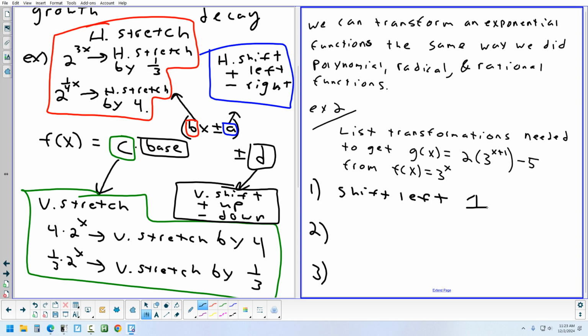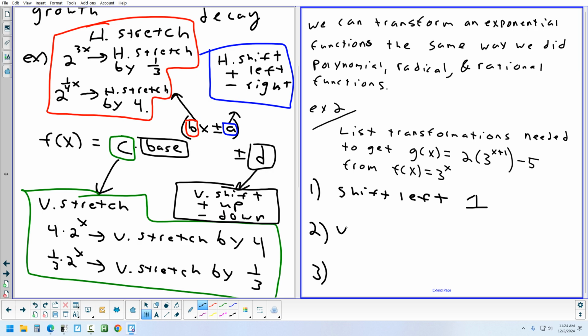Okay, let's go to B. Is there a number in the spot for B? No, well, I mean, there is a number, it's just like having a 1x. So nothing's happening with B. Okay, is there a number in the spot for C? Yep, what's that number? 2. So what is a 2 going to do? Vertical stretch. Yep.